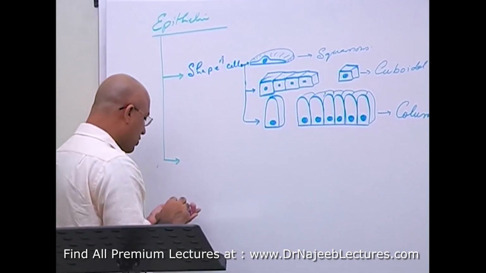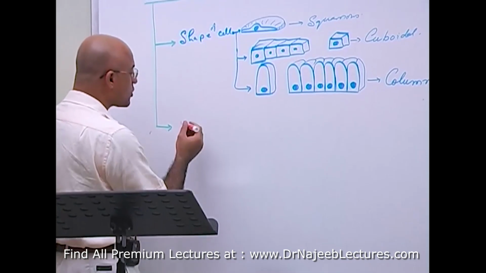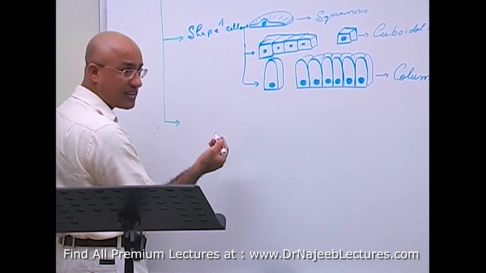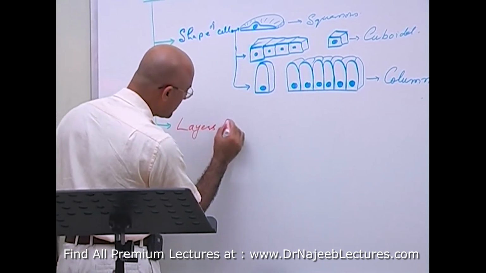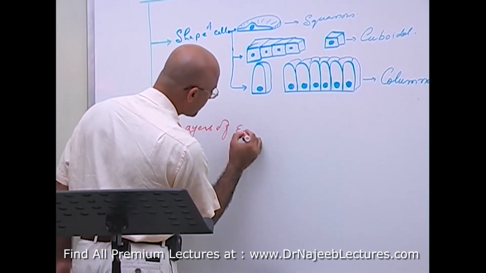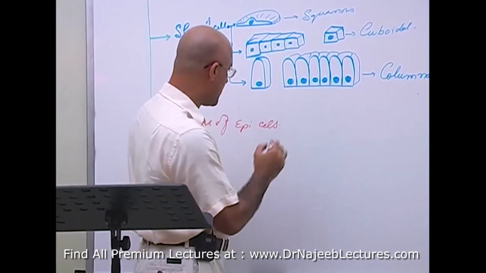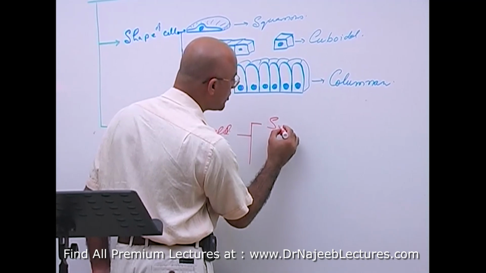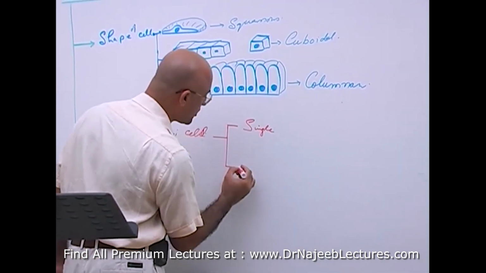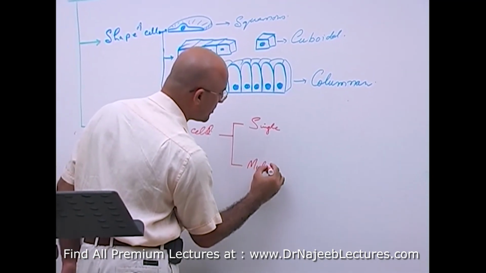So this is one way to talk about epithelium according to the cell. And then another way to talk about epithelia is according to how many layers of cells are there. Layers of epithelial cells. Right? Now, when we talk about layers of epithelial cells, there may be a single layer, or the epithelial tissue may have multiple layers of cells.